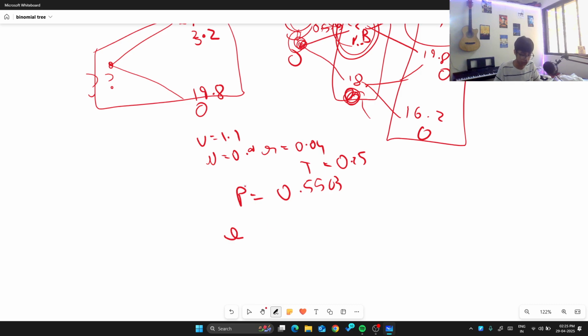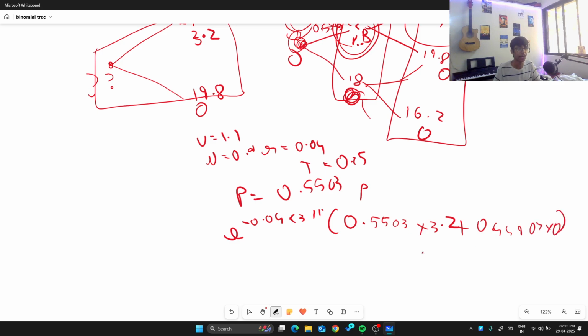We first discount, e to the power minus 0.04 into 3 by 12, then the probability of up, 0.5503 into 3.2, the payoff in the up movement, plus 0.4497 into 0, and that is 1.7433, and we found that, right? That's the value of node B.